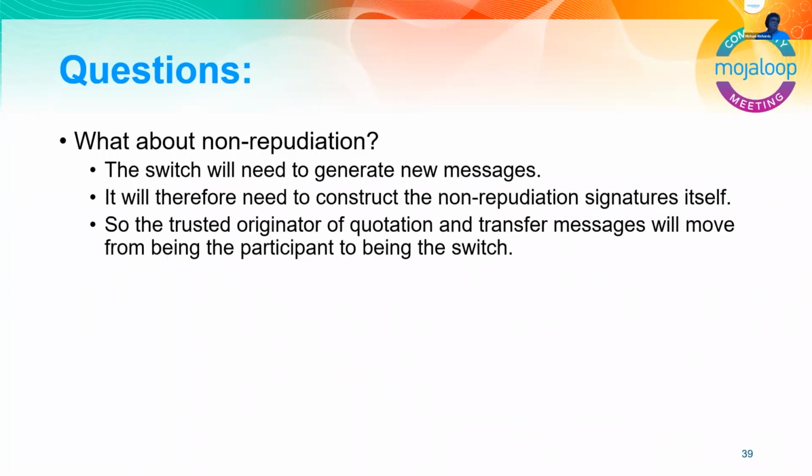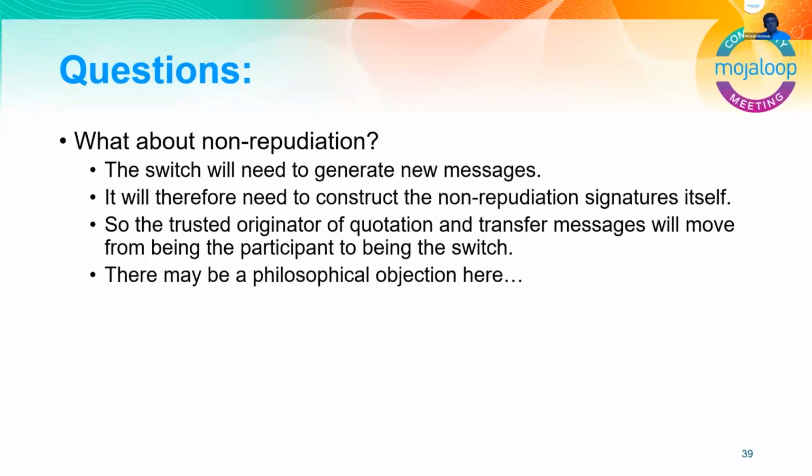So the trusted originator of quotation and transfer messages will move from being the participant, as it is now, to being the switch. Now, there might be a philosophical objection here, which is that one of the things we have definitely tried to do as far as possible is to maintain the principle that the identity of the participant who issued a request should be the same as the identity of the entity which is guaranteeing the content of that request.